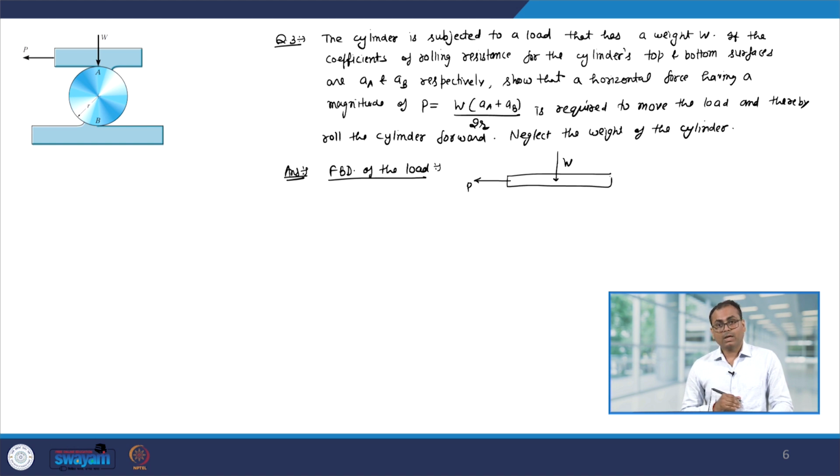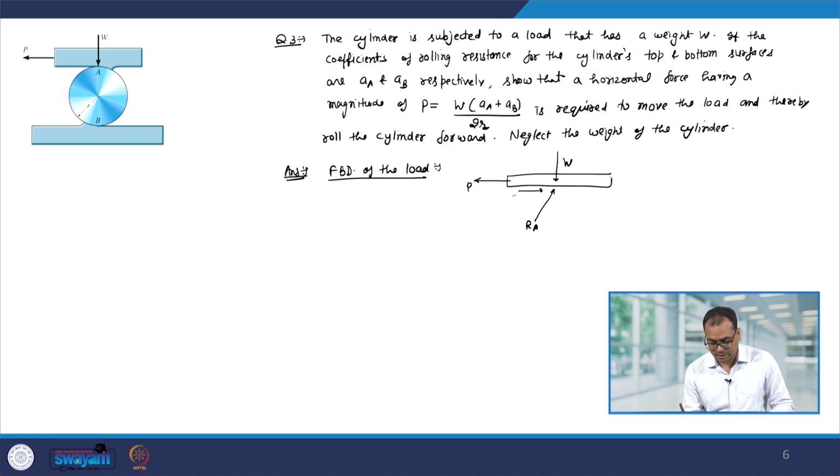So, therefore, a reaction force from the cylinder is going to act on it. So, let us say the reaction force is like that, let us say it is R A. So, this R A will have both the horizontal and the vertical component.